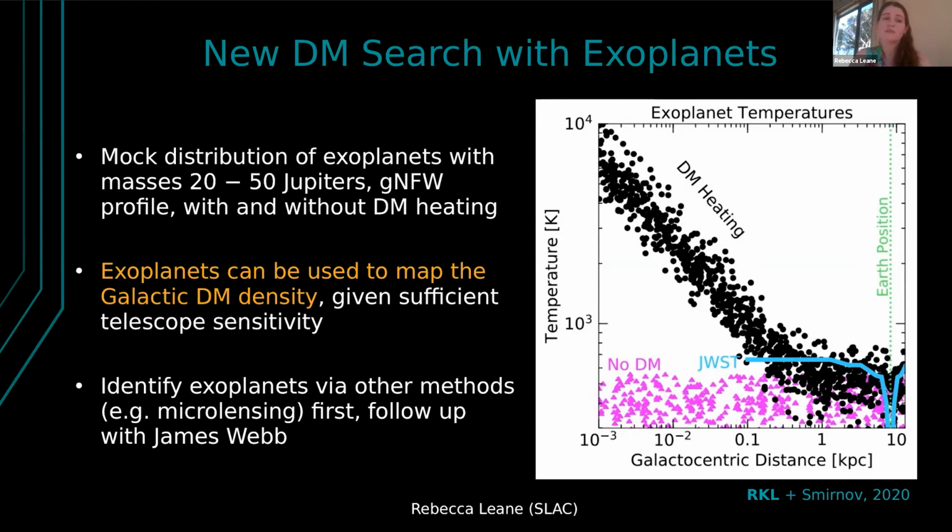This is one of these things where, in principle, this can be done. In practice, this will be very difficult. But given very large statistics, depending on how many of these planets we actually can measure, it's possible this can tell us some information about the gradient we expect for the dark matter density in our profile.